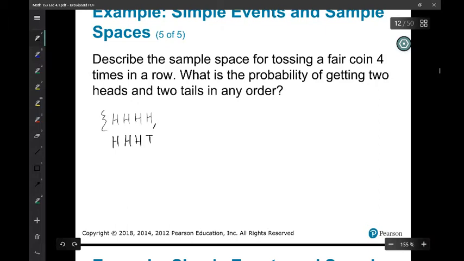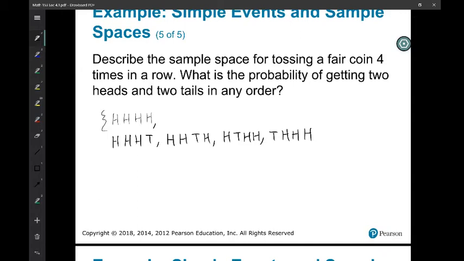And then let's move the tail through the various positions here to get all the possibilities with 3 heads and 1 tail. So 2 heads, a tail, and heads. 1 head, tail, 2 heads, tails, and then 3 heads. And that exhausts the possibilities of 3 heads and 1 tail.